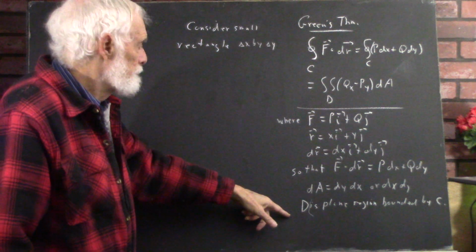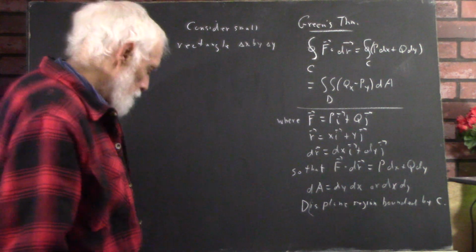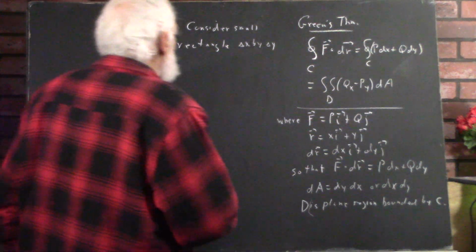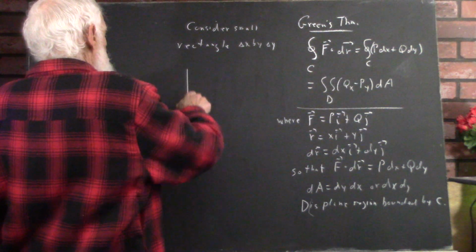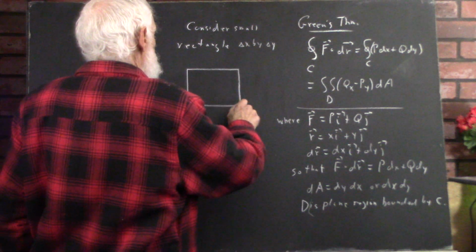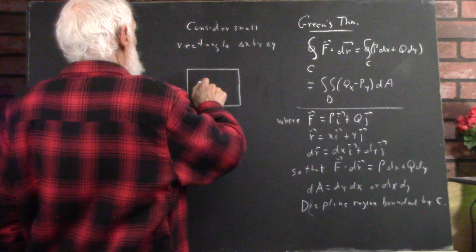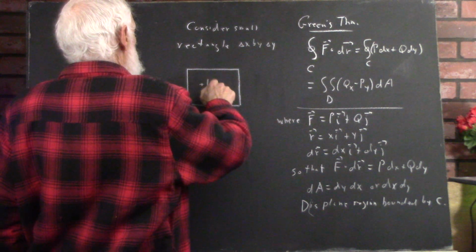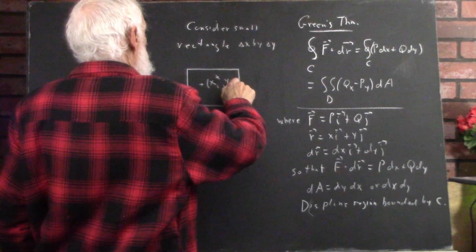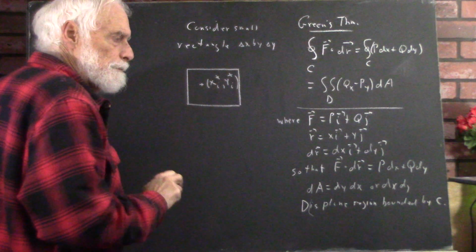Here we have the situation. We want to see why it is. It comes down to this. And here's our region. And here's some point within the region, in a typical increment.